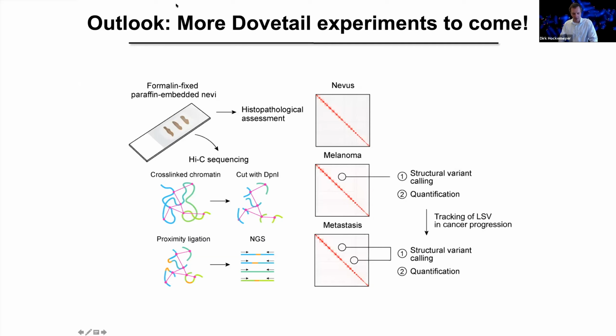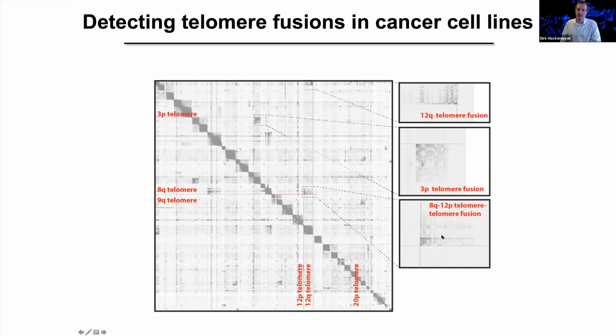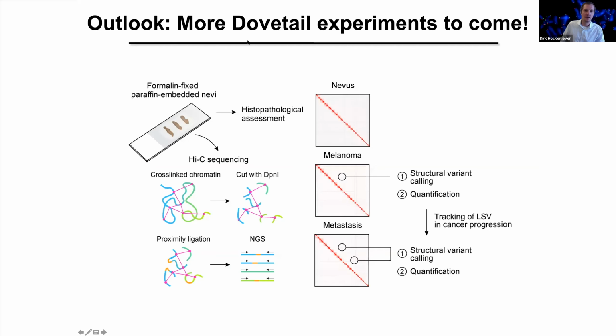As an outlook, now knowing that we can detect this telomere-driven genomic instability in cancer cell lines, we are planning to use another of Dovetail's platforms, which is called FixC, that allows for the assembly of Hi-C contact maps from paraffin-fixed samples.